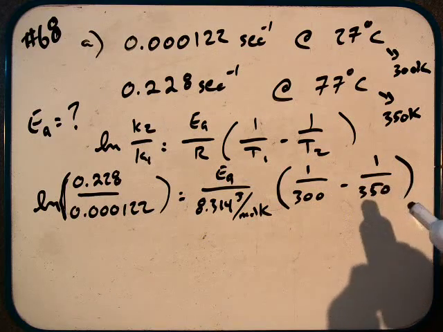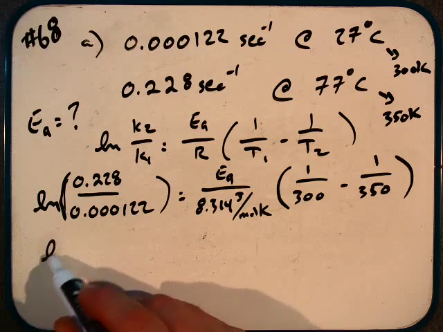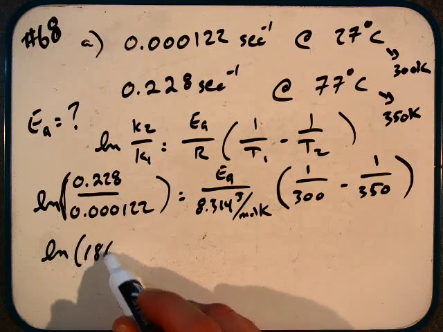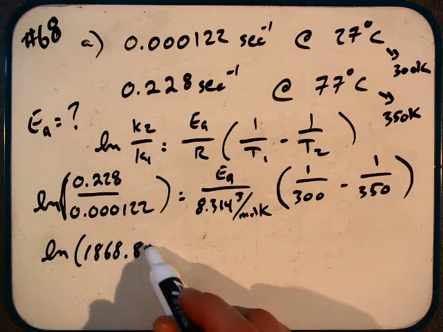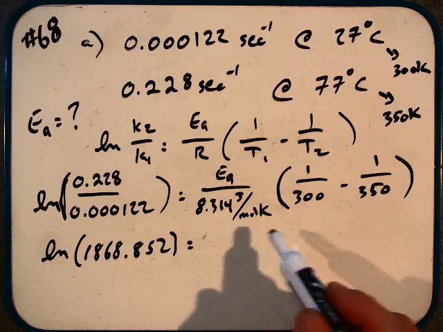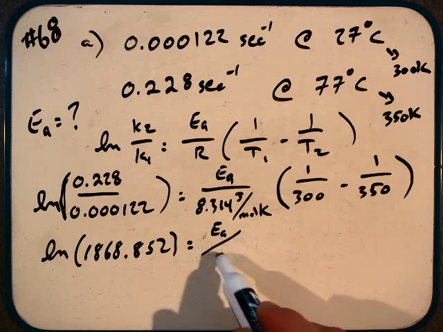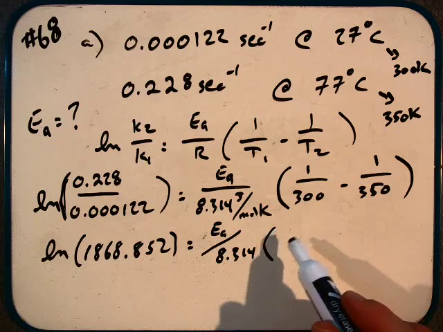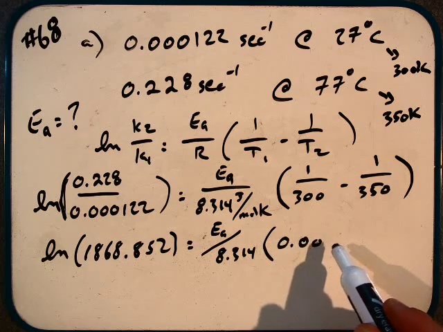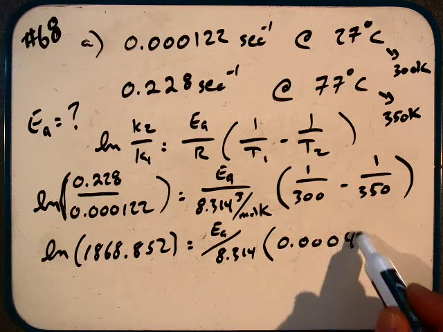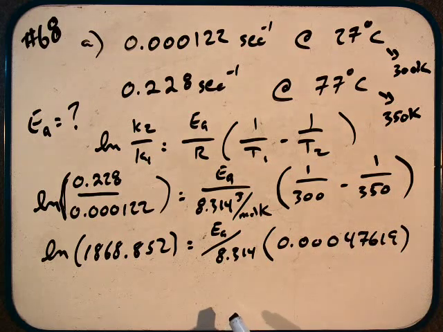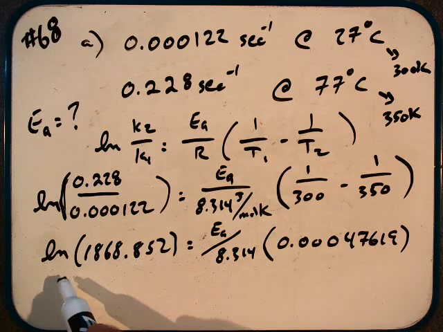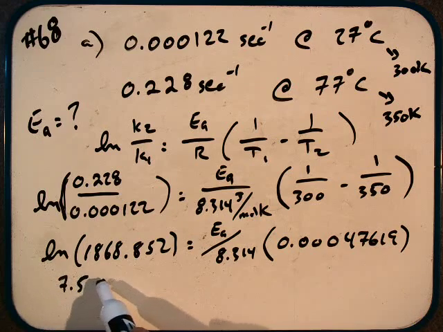So if we begin to solve for this, we would have the natural log of this fraction, which turns out to be 1868.852. And then that's going to equal our EA over R, 8.314, times the difference of these two fractions, which turns out to be 0.000476619. We do some rearranging, take the natural log of 1868, we get 7.533.